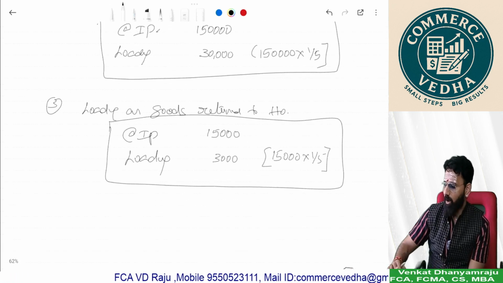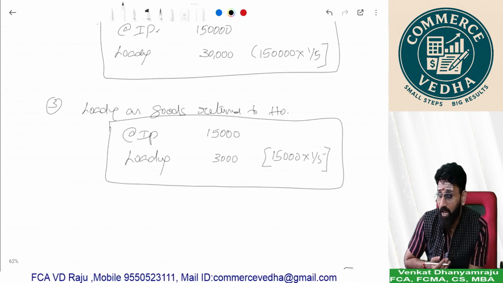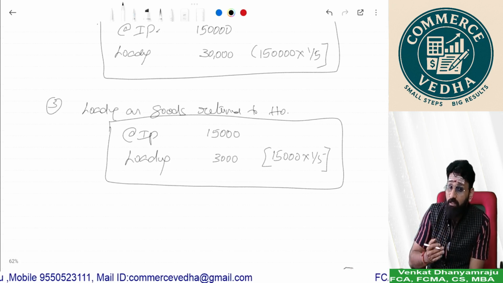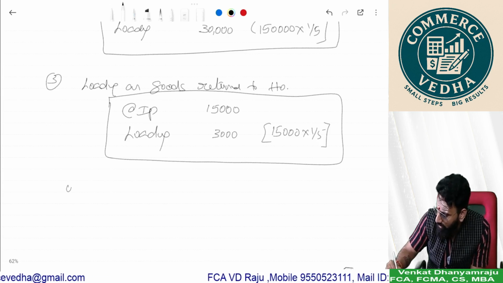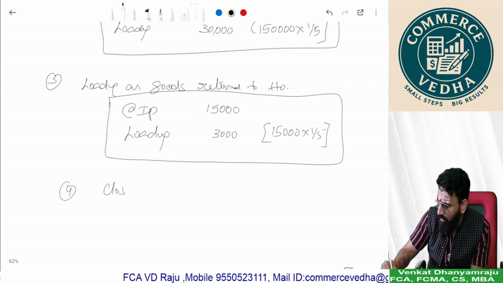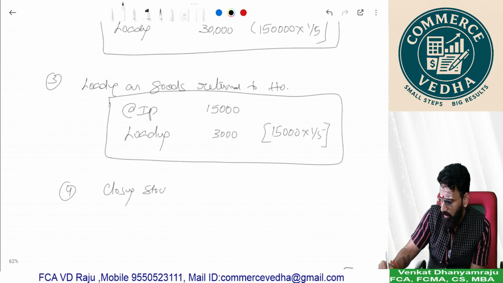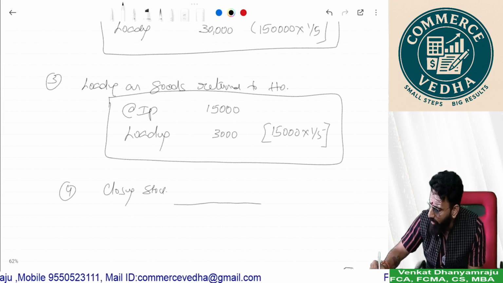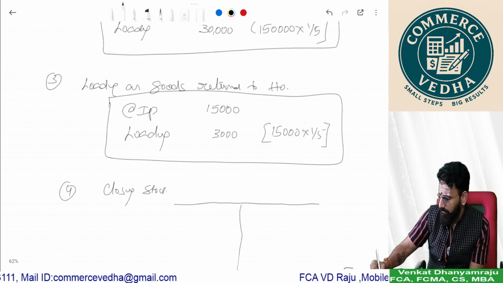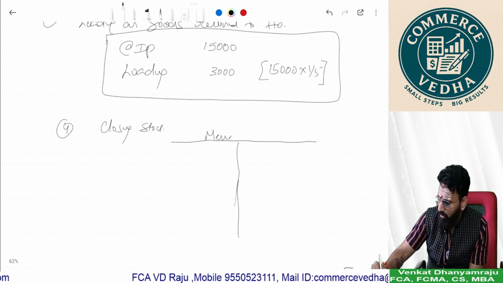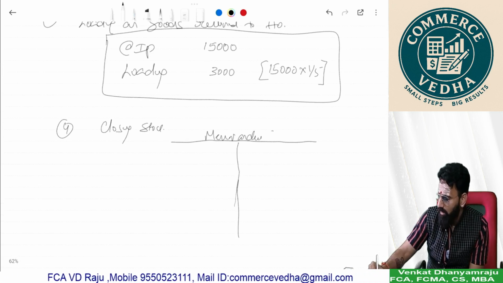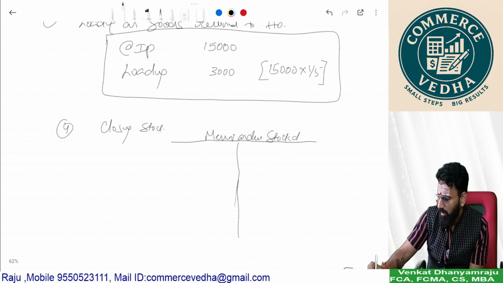Now I also need to identify what is my closing stock. For that, as the fourth working note, I should know closing stock. I'll prepare the memorandum stock account.